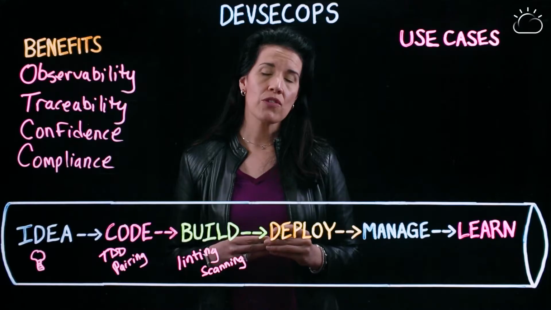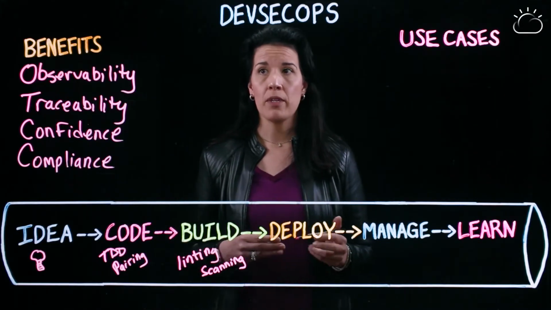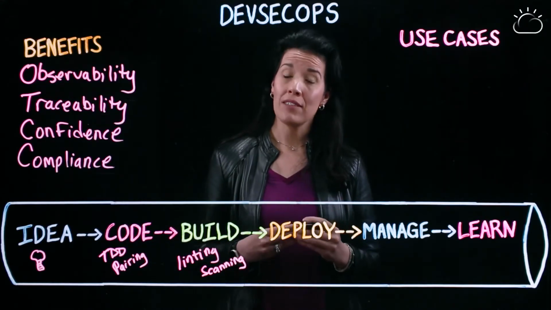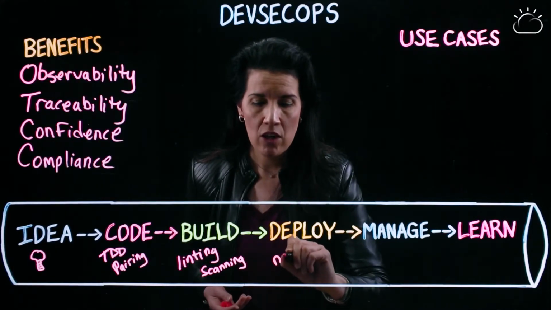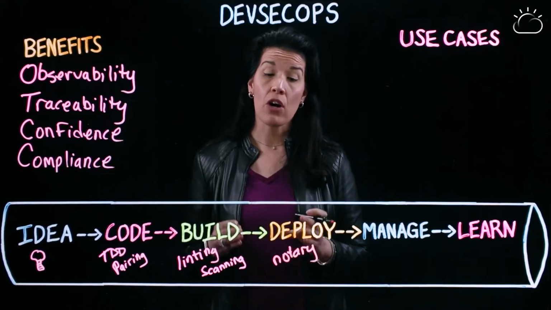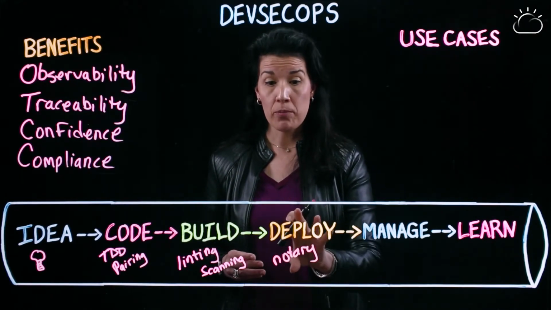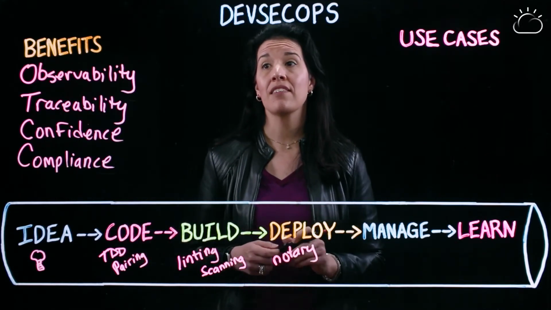And then some additional security practices around the deploy aspect can also be infused. So with the advent of cloud native and images, there are even things like notary services where we can ensure that images are not only immutable, but Docker images that are being deployed are in fact the same images that are produced from the build process.